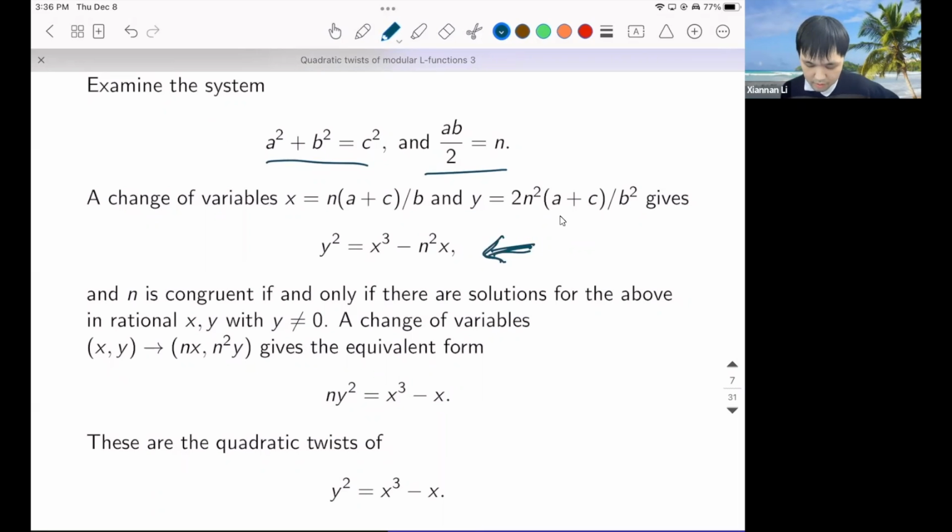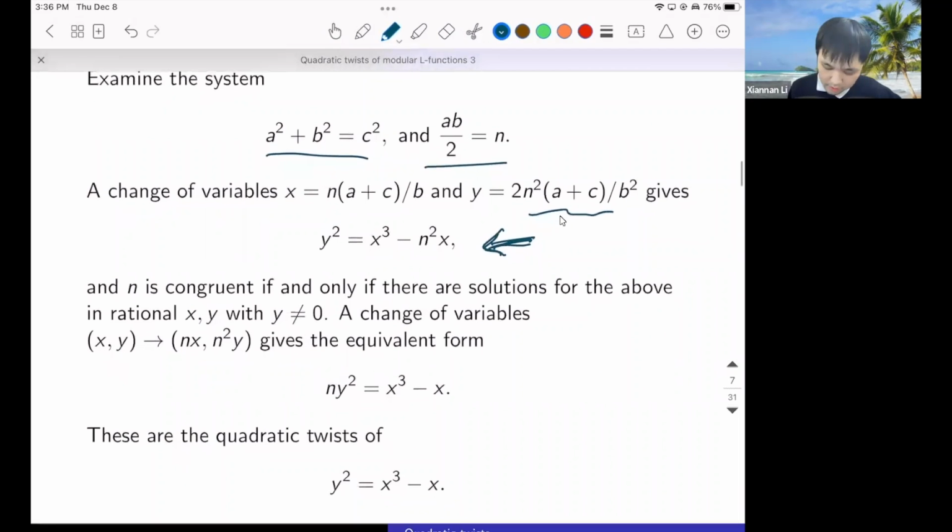If y vanishes, you don't get anything nice. There's a standard change of variables, which will give an equivalent form, and this is the form that I'll mention a little bit later: n y^2 = x^3 - x. These are quadratic twists of a fixed elliptic curve given by the equation at the bottom.